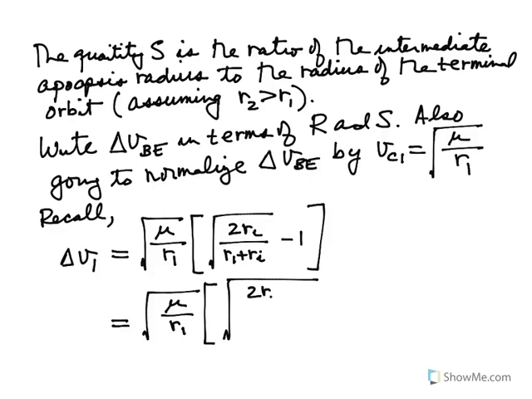So we get 2Ri divided by R2, all divided by R1 divided by R2 plus Ri divided by R2, and then minus 1.